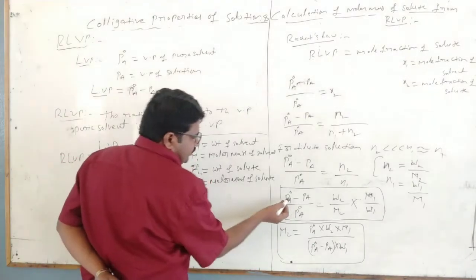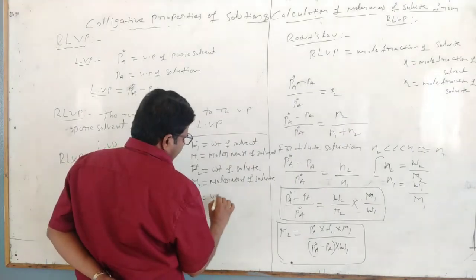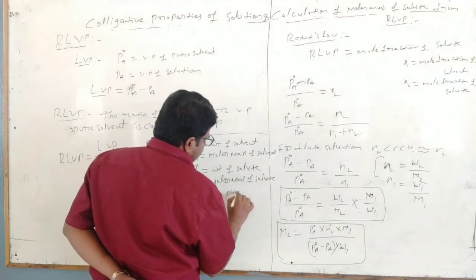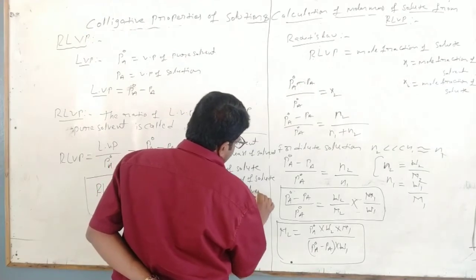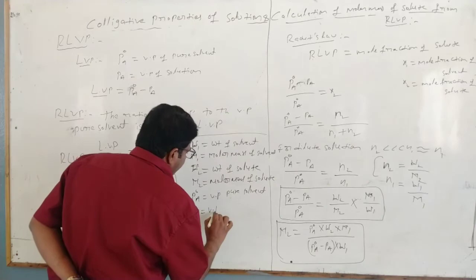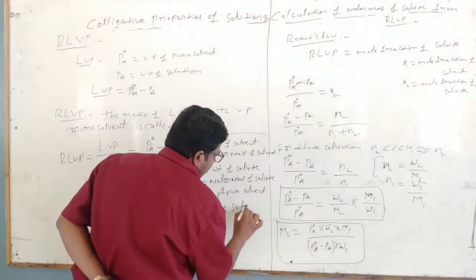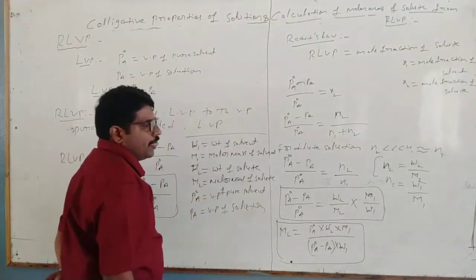P naught A is the vapor pressure of the pure solvent, and PA is the vapor pressure of the solution.